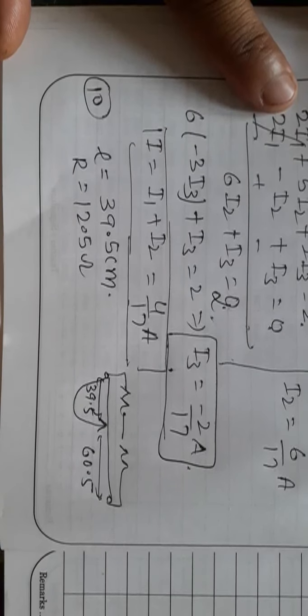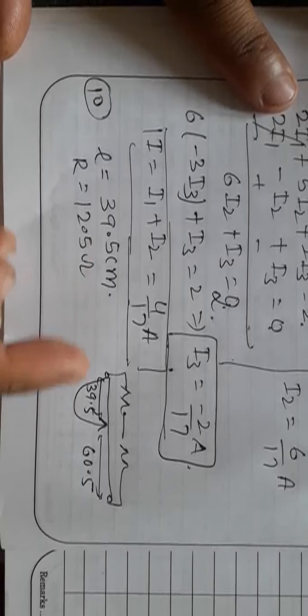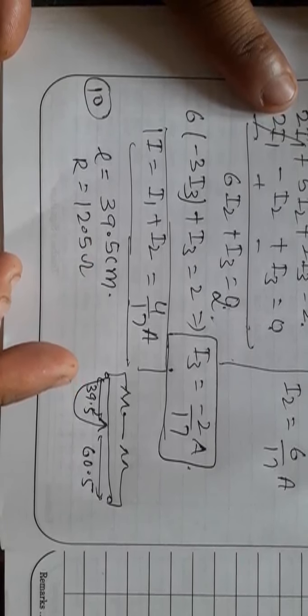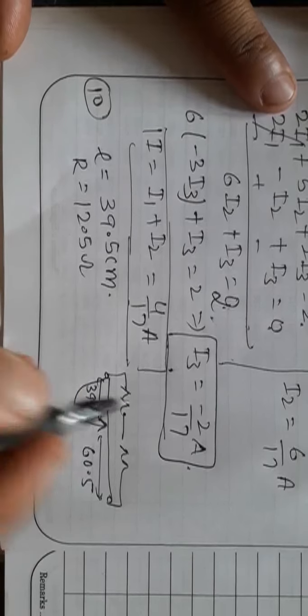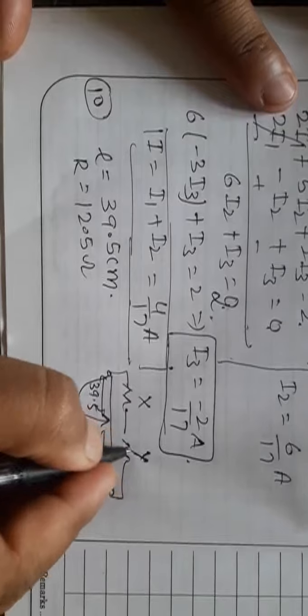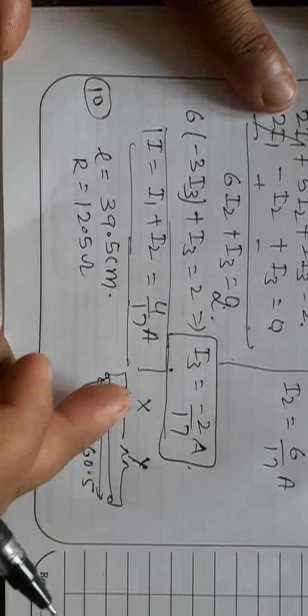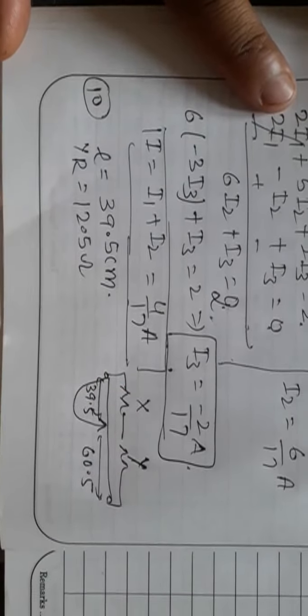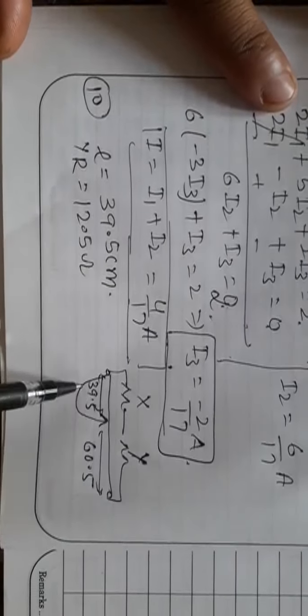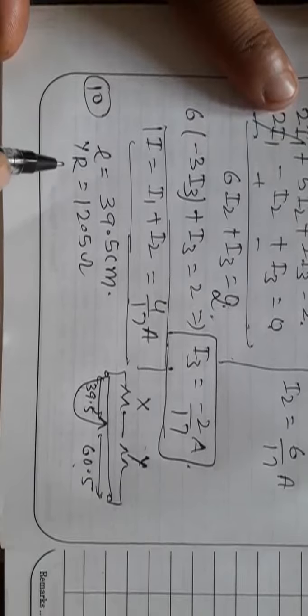Determine the resistance X. In the question it is given this point is X, this point is Y. We have to determine the value of X, and Y resistance is given to you. We know the balancing condition: if there is no deflection, then R1 by R2 equals R2 by R3.